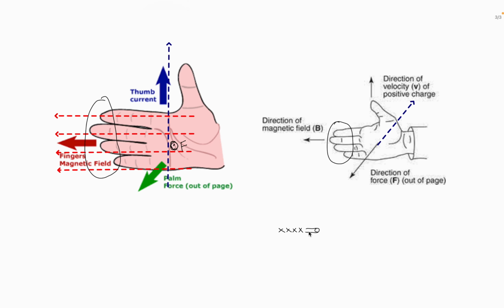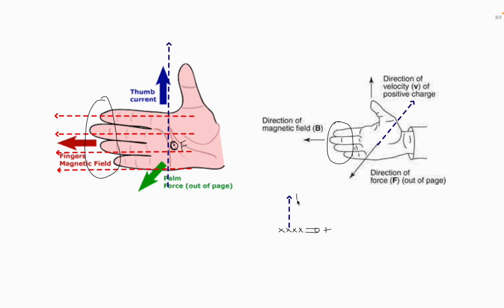Then when you stretch your right hand so that your four fingers go into the page and your thumb points in the direction of the charged particle, if this charged particle is positive, then the palm's upper surface is above these X marks, so there will be a force in the upward direction.